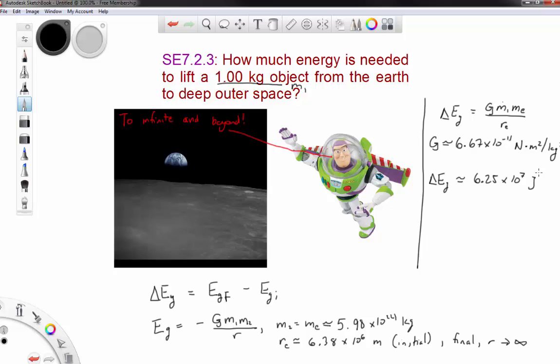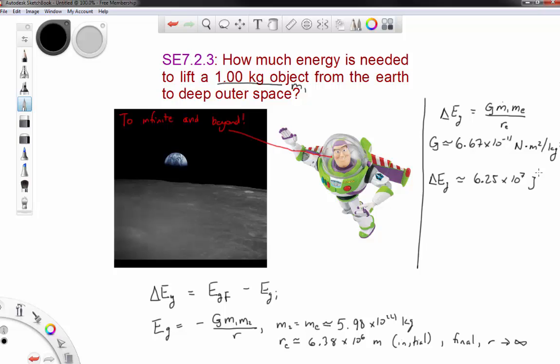So that's quite a bit of energy if you think about it, although again you could compare that to, for example, how much energy it takes to heat water from say 0 degrees to 100 degrees C. And depending on how much water we're talking, this really may not be that much energy in comparison.